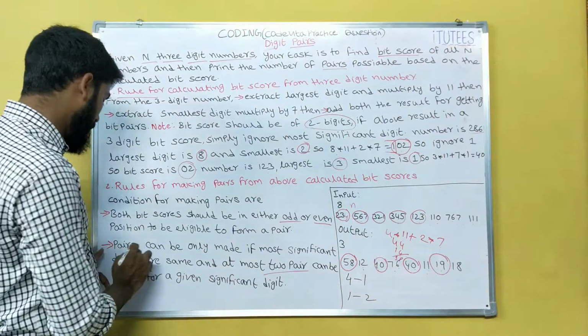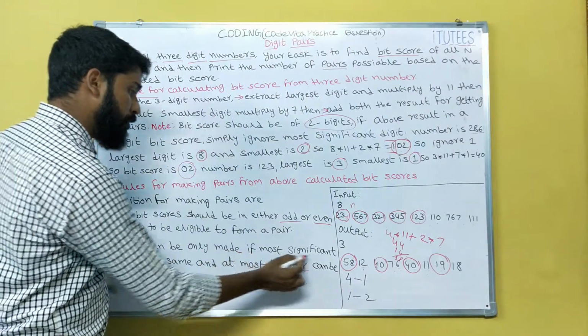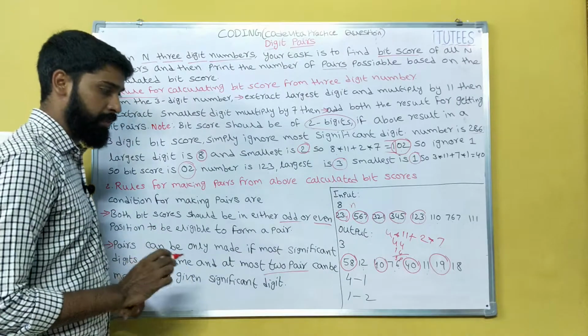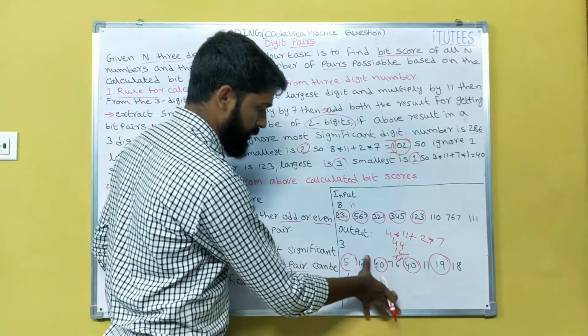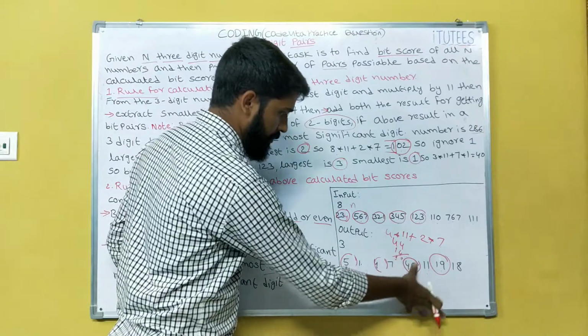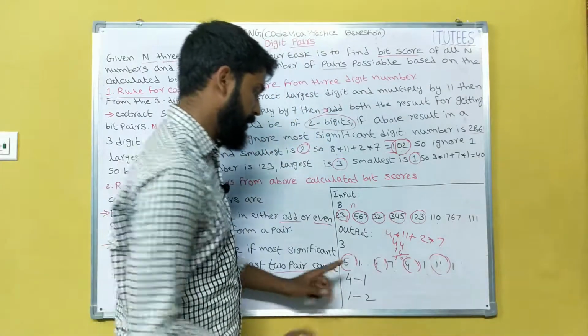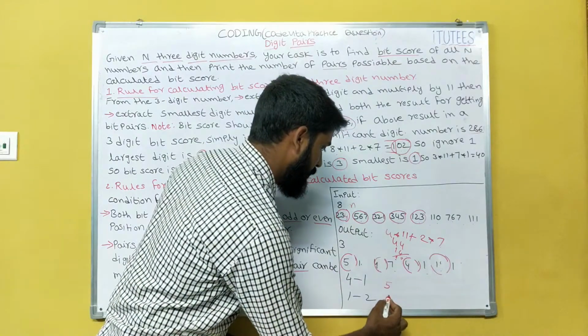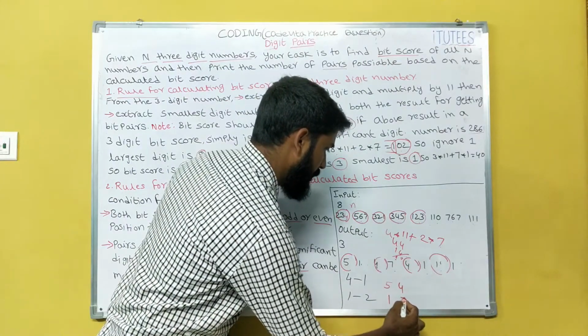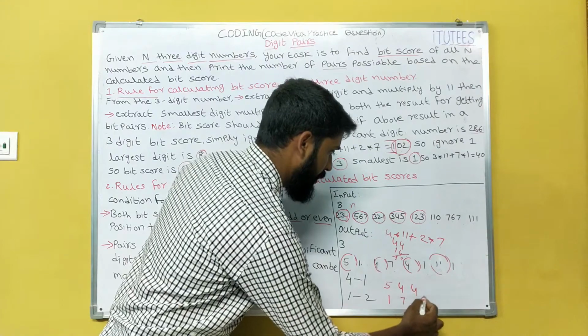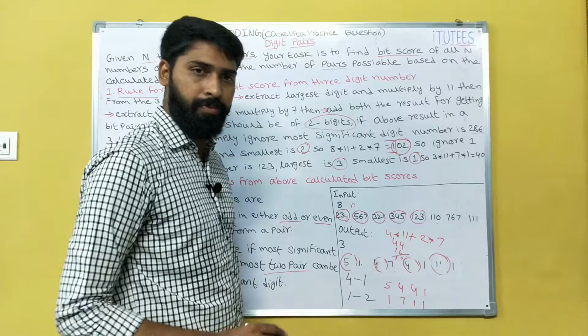Another condition is that pairs can only be made if the most significant digits are the same. That means we ignore these bits and want only the most significant digit. That means 5, 1, 4, 7, 4, 1, 1, 1.